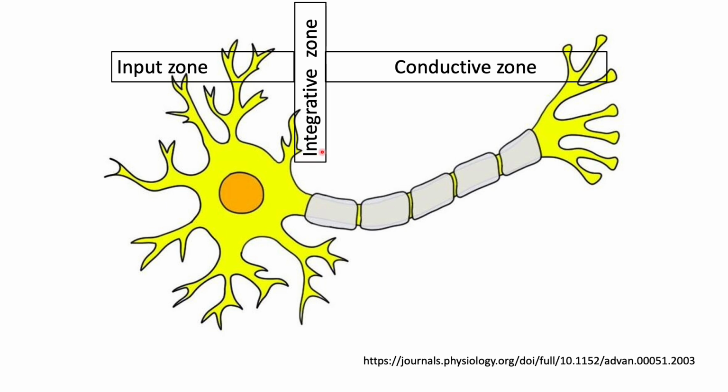That's why it's called an integrative zone, whereas the input zone, which are the dendrites and the soma, are the parts that receive the inputs from the other neurons. The signals are integrated here at the axon hillock, in which the action potential is generated, and then the conduction will be propagated all through the axon until the axon terminals.